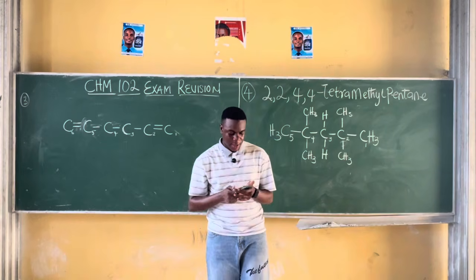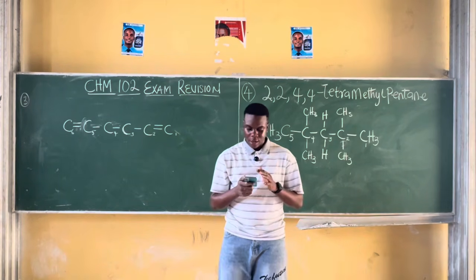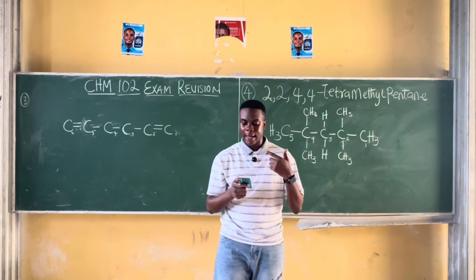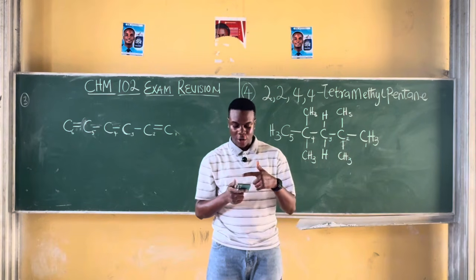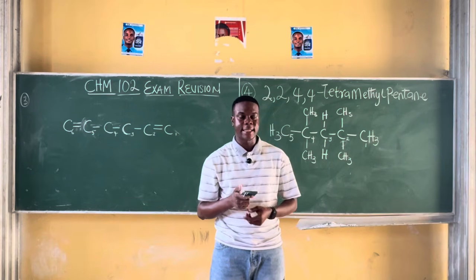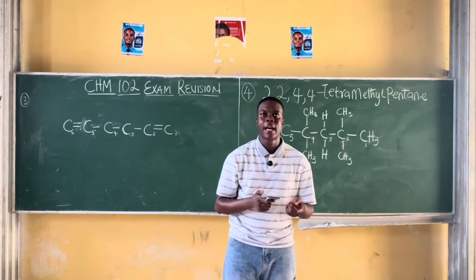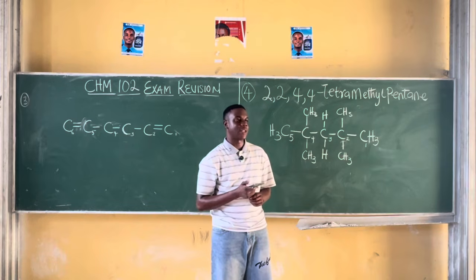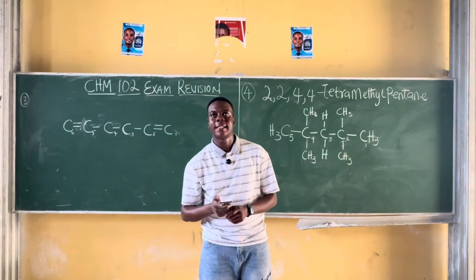All right, the next question says, the addition of hydrogen to alkenes in the presence of a nickel catalyst is called dash. Whenever you add hydrogen in the presence of a catalyst on an alkene, it is called hydrogenation of that alkene.